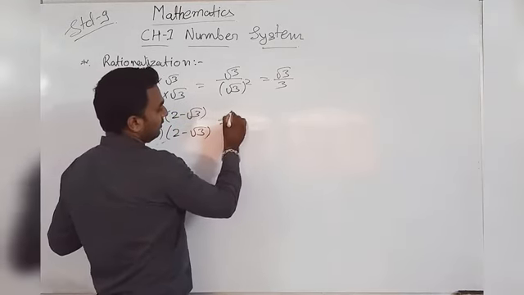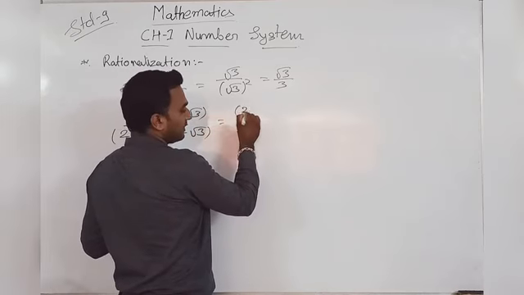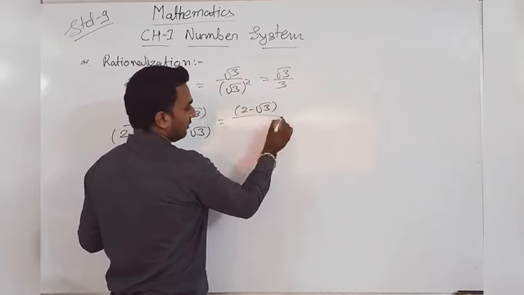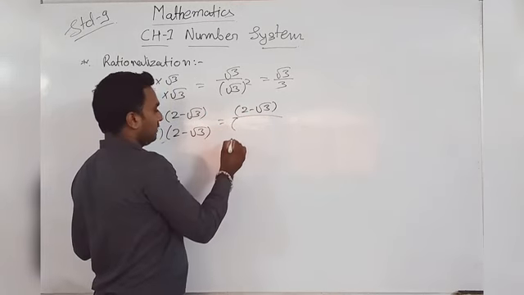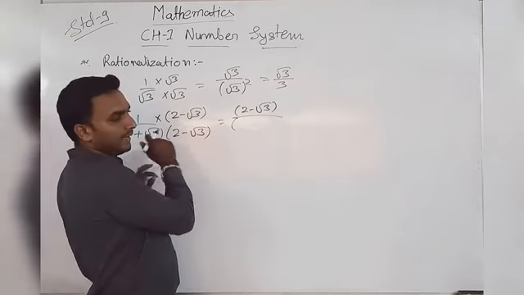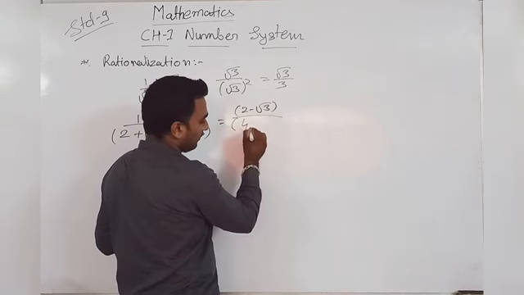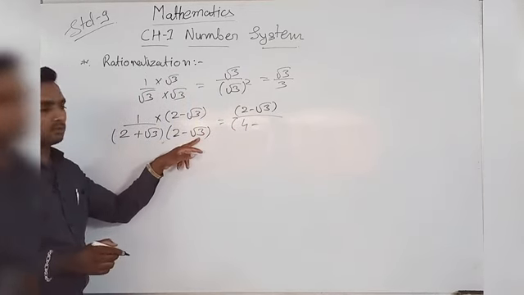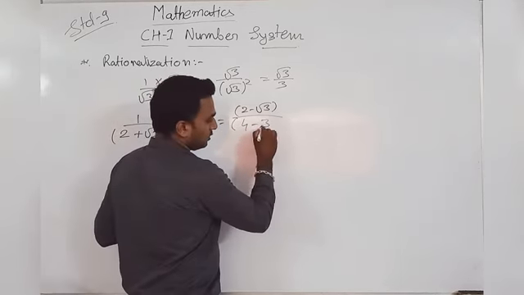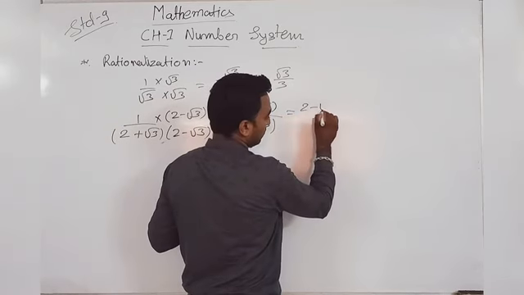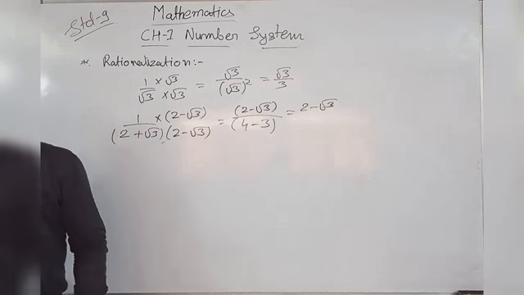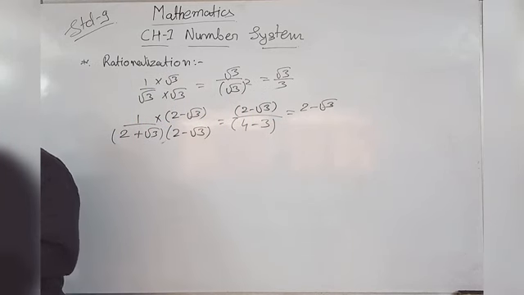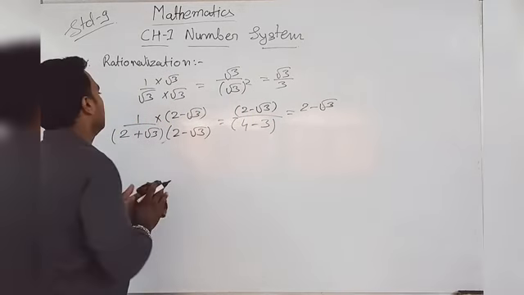So 1 multiplied by 2 minus root 3 is 2 minus root 3. Then below, a plus b times a minus b is a square minus b square, that is 2 square, that is 4, minus root 3 square, that is 3. So the answer will be 2 minus root 3. Whether we write 1 or not doesn't matter. Clear?